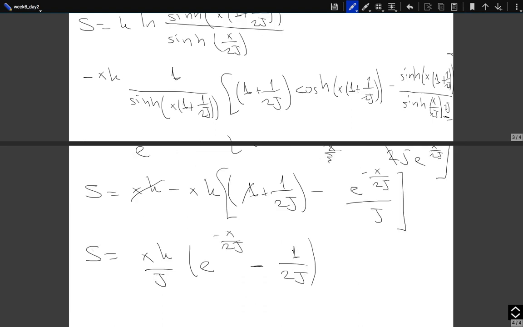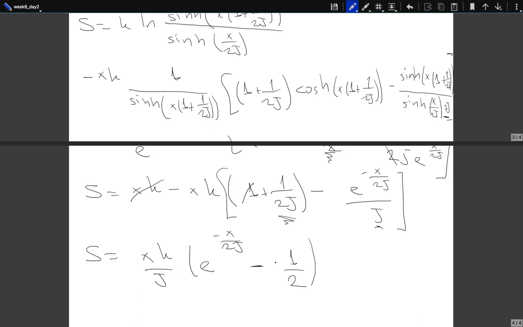Yes, 1 over 2. Somehow it should be 1 over 2j. Now you see there is this 1 over 2j over here, j over here. I'm taking the j out. Well, you see, it shouldn't be there.